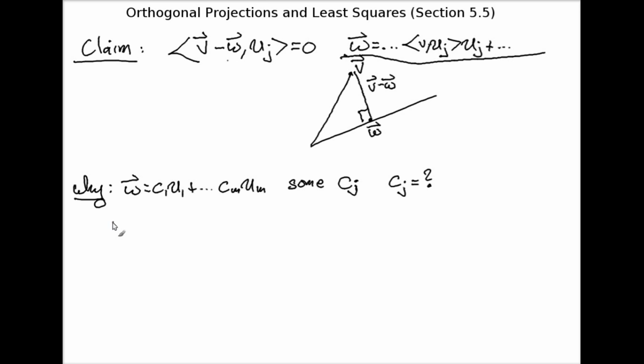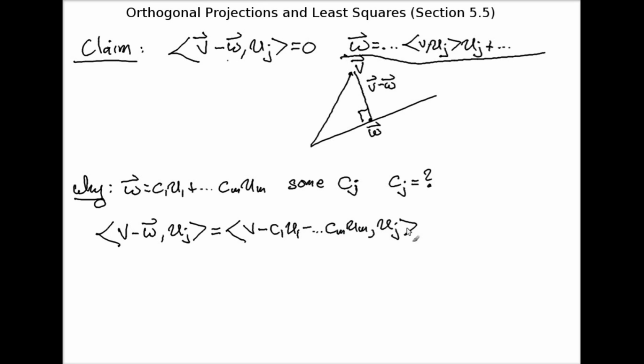Well, let's just write down the condition that V minus W be perpendicular to UJ. That is to say, V minus c1 u1 minus dot dot dot cm um is supposed to be perpendicular to uj, which is to say this is supposed to be 0.